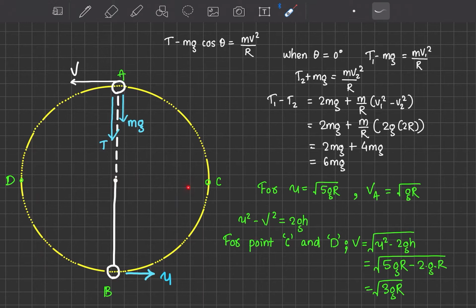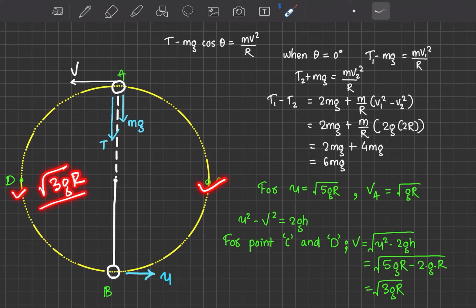Now if we use our shortcut that u square minus v square equals 2gh, in this case the elevation h will be equal to r. So u is root over of 5gr, and u square is 5gr, minus 2g into h, where h is r here. So 5gr minus 2gr equals 3gr, so v equals root over of 3gr. That means the speed at C and D will be equal to root over of 3gr.